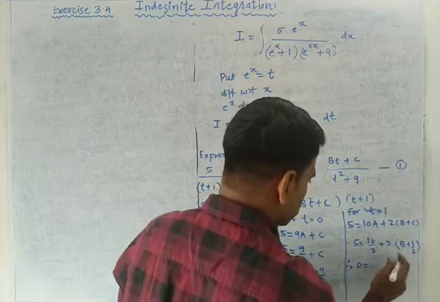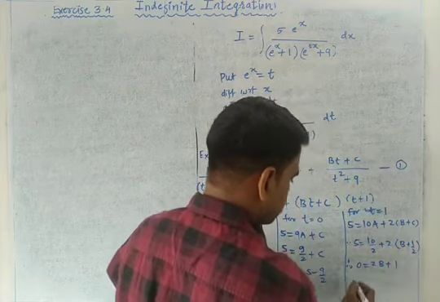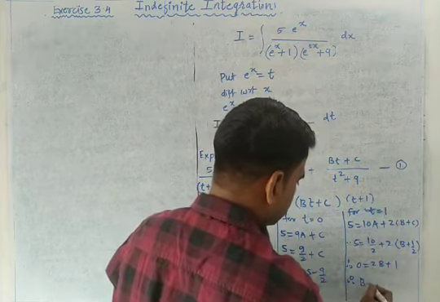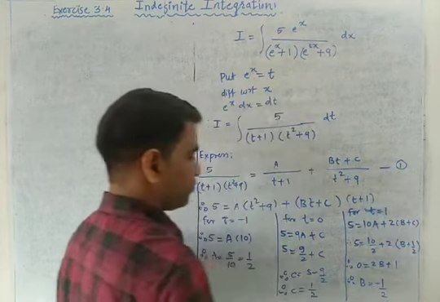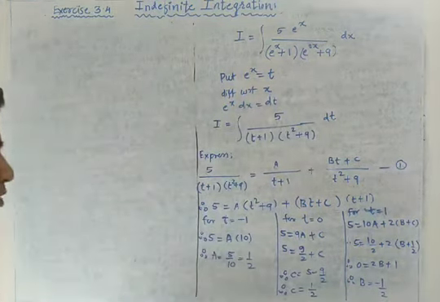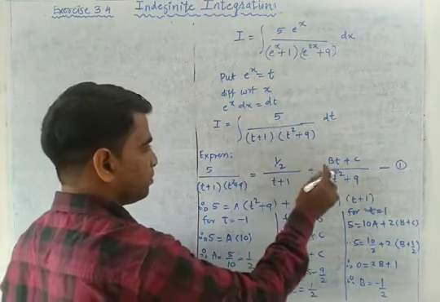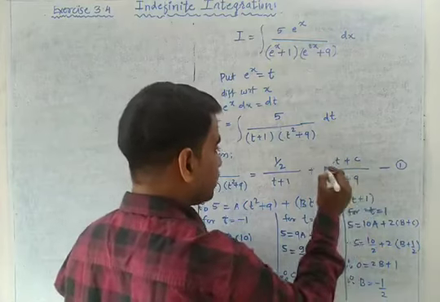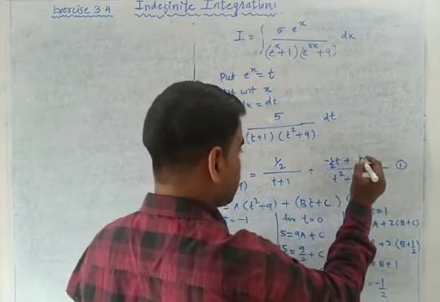So 0 is equal to 2 times (b plus 1 by 2). Therefore b is equal to minus 1 by 2. Understand? So the value of a we got is 1 by 2, the value of b we got is minus half, and the value of c we got is half.